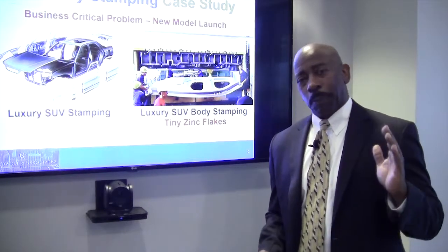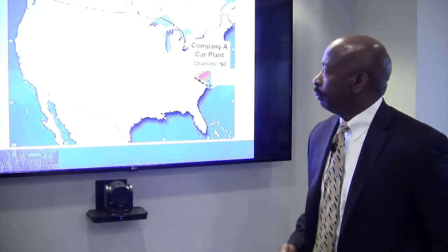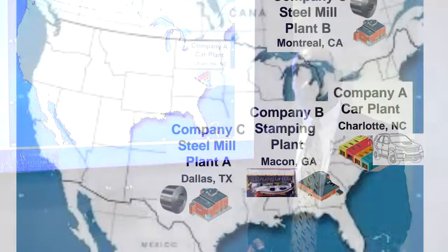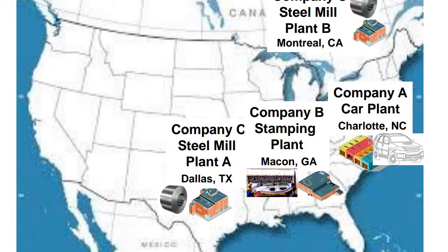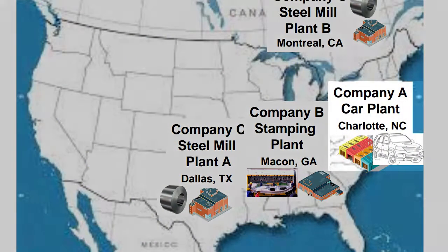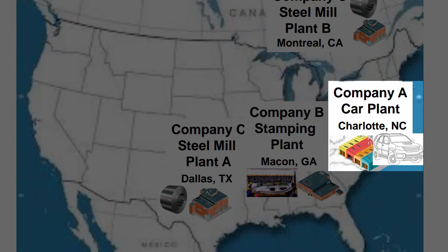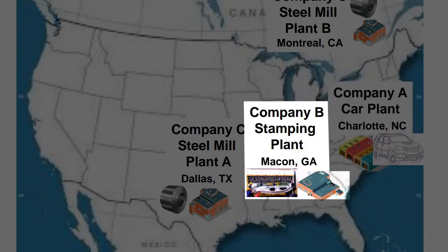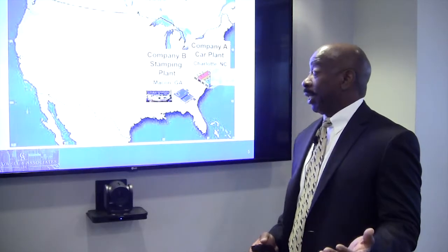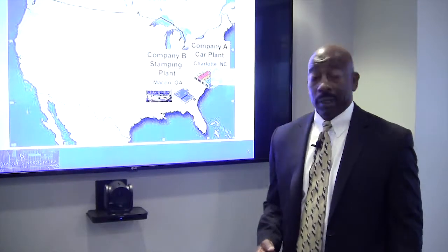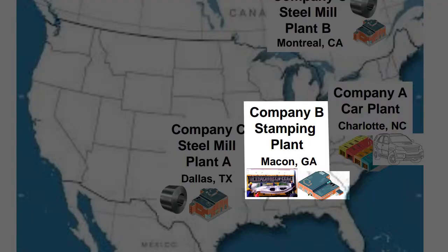So let's look at the players. First we had the major automobile manufacturer, and let's say they were located in Charlotte, North Carolina. And then we had the stamping people, who had the stamping, and in their opinion, the problem was the steel manufacturer, okay?